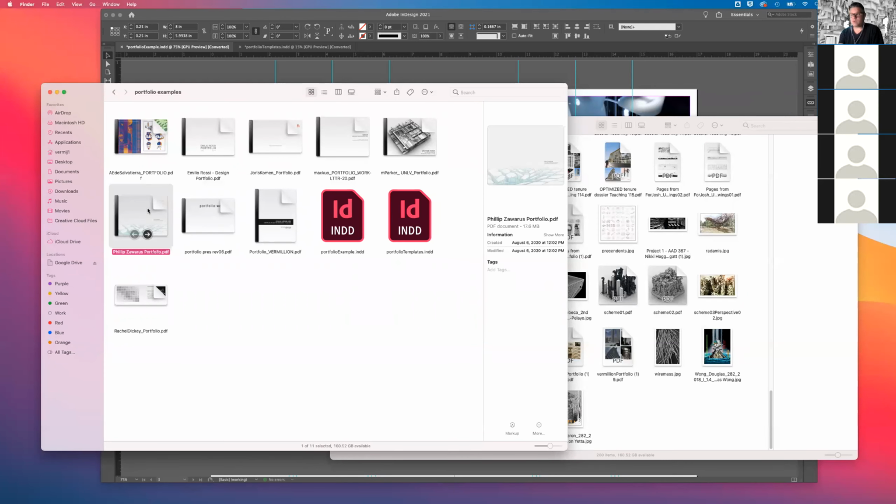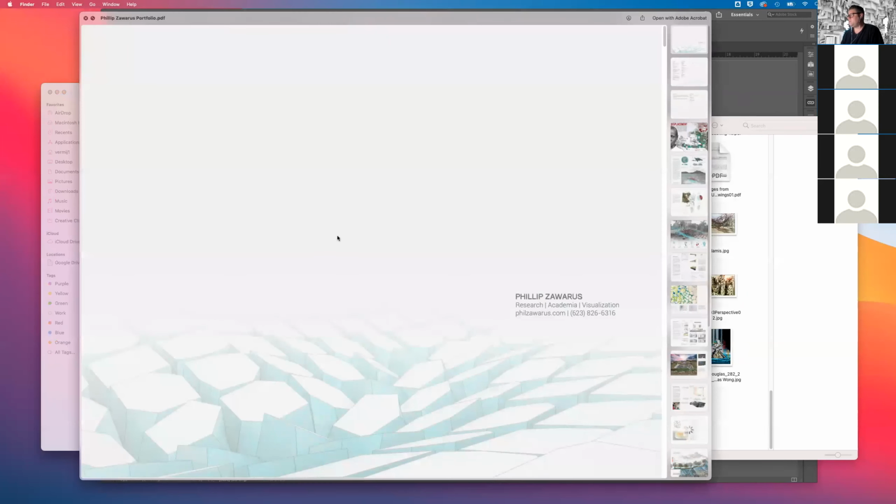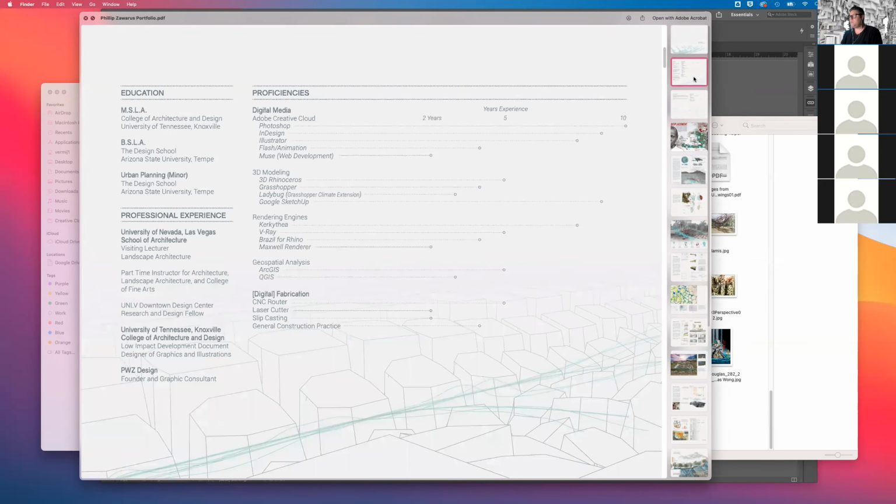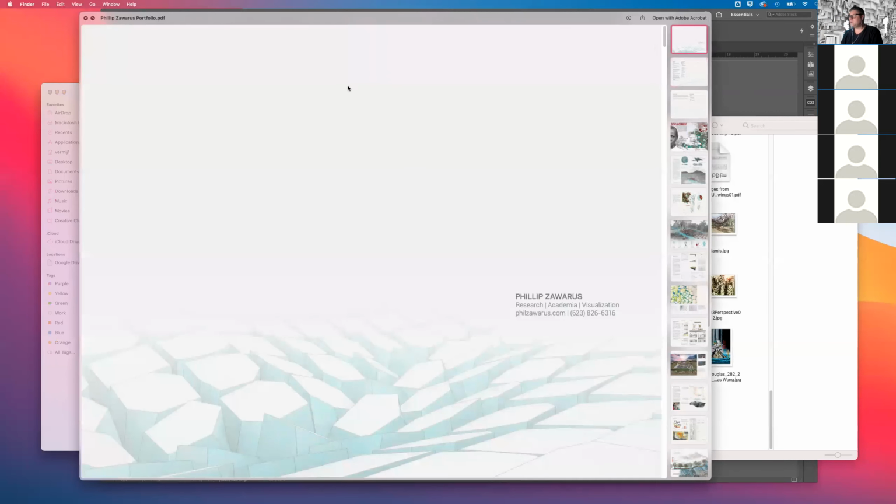But let's look at another one. This is one of my colleagues. He's in landscape architecture. Phil Zawaros, you might meet him this coming year when we're back in the building, right? So here he has a cover, very subdued, and he doesn't have to do a lot with his type here, his name and position and contact info, because it's not competing with anything else on the screen.